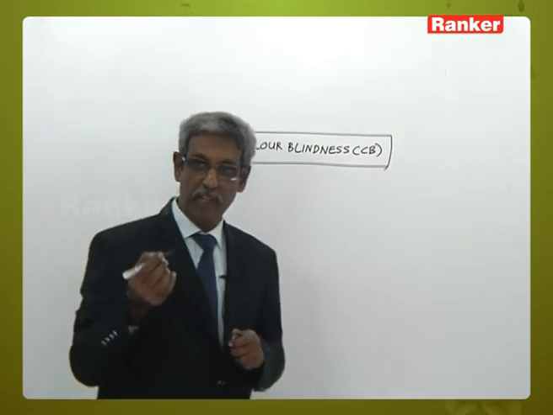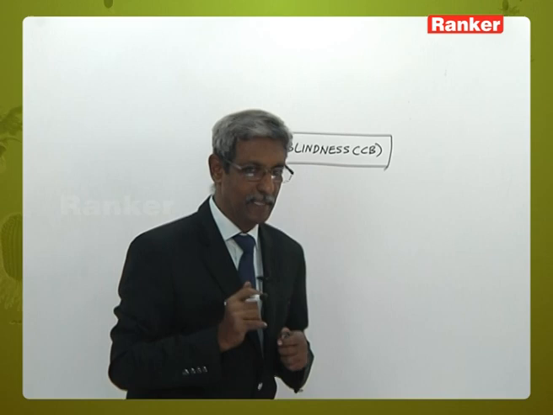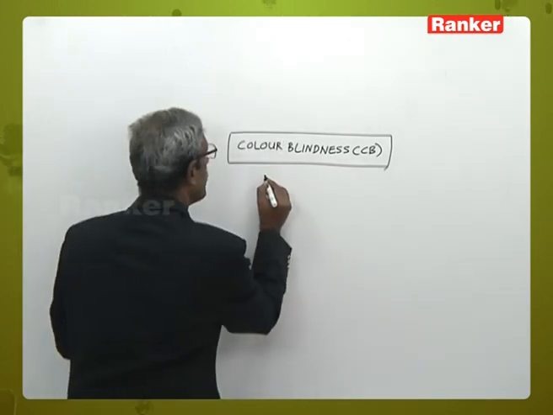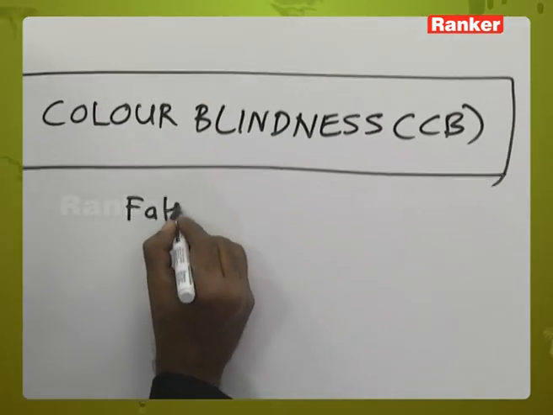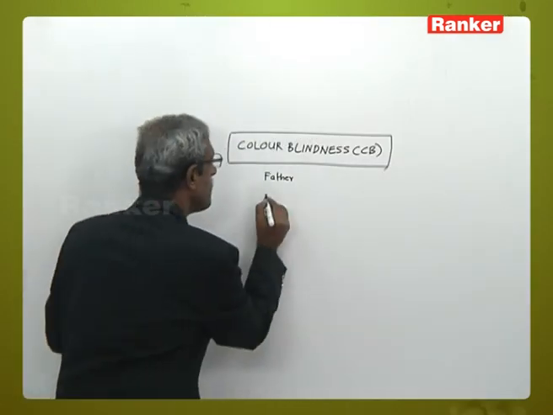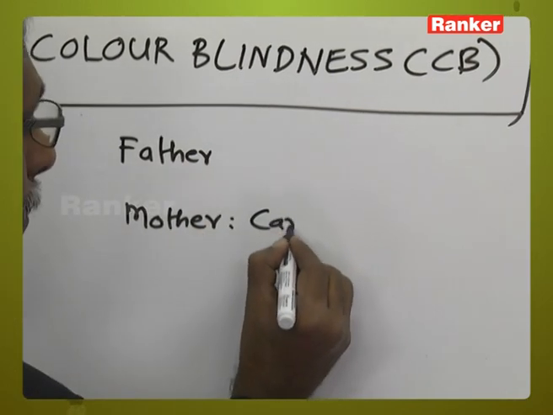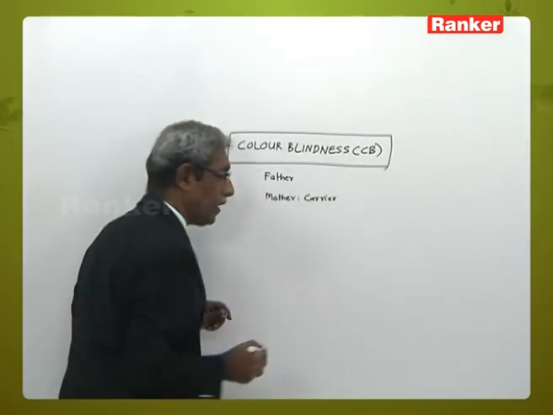While looking into the genetics of color blindness, it is important that we keep in mind these specific things. Color blindness is attributed to the father. The mother is the carrier of the gene for color blindness.